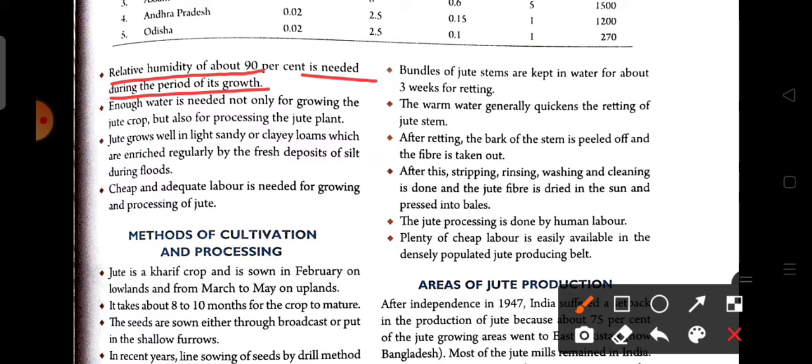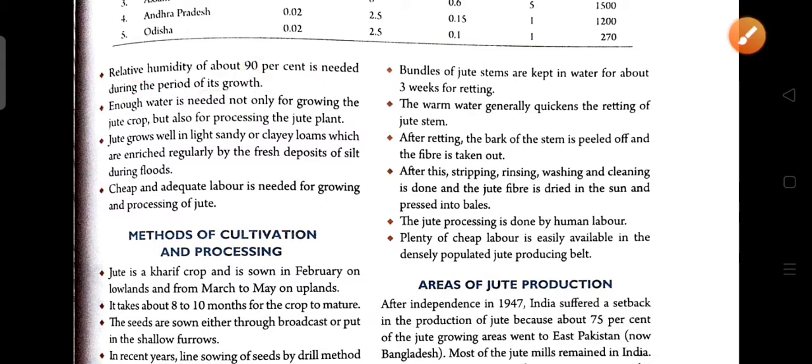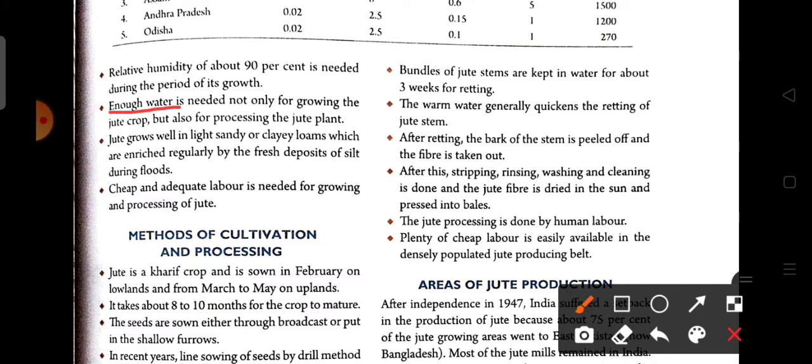So here we see that in cotton a high relative humidity is harmful, but in jute, if the relative humidity is about 90%, then it is helpful for the growth of the jute. Enough water is needed not only for growing the jute crop but also for processing the jute plant. So previously we saw that a heavy amount of rainfall is needed for the cultivation of jute.